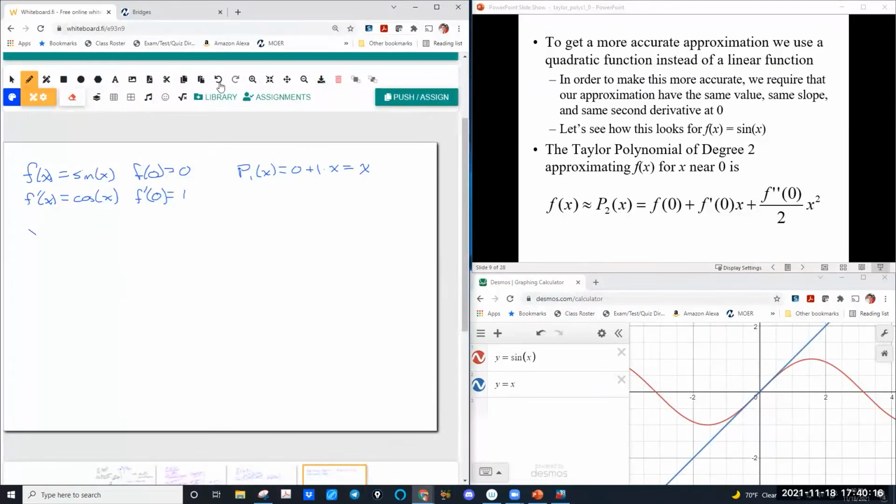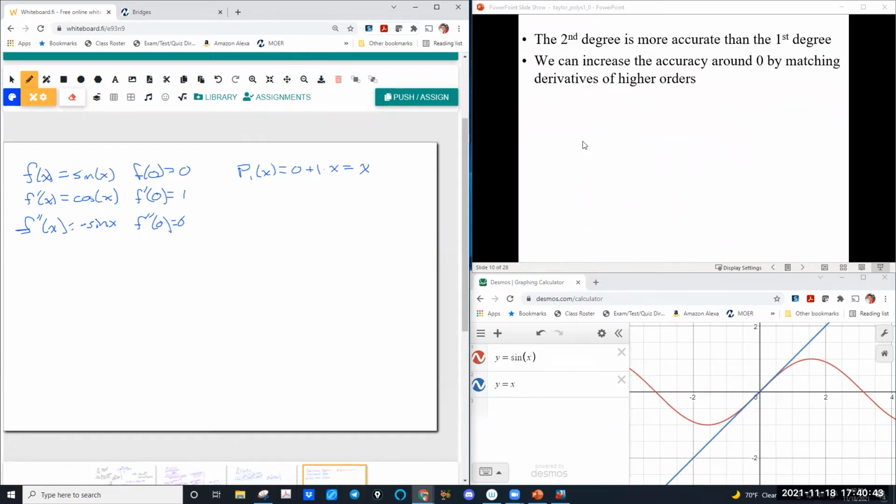The second derivative of sine, unfortunately, is not going to make this one more interesting, because the second derivative is negative sine x. And so then the second derivative at 0 is nothing added there. If we had a second derivative, we would have a quadratic.